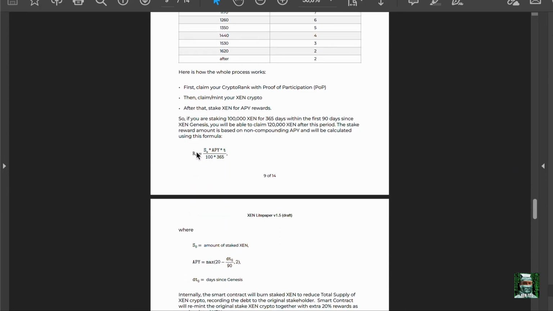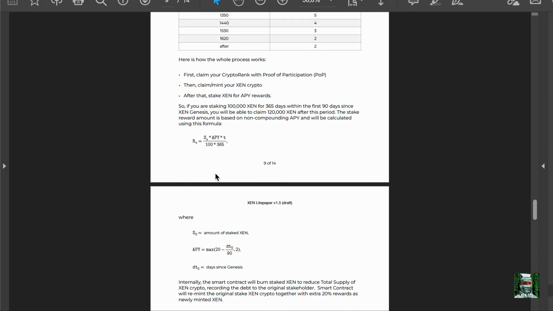And this is the formula for that. So your reward is the amount of staked SEM that you stake times the APY times the time. This formula explains it, right?